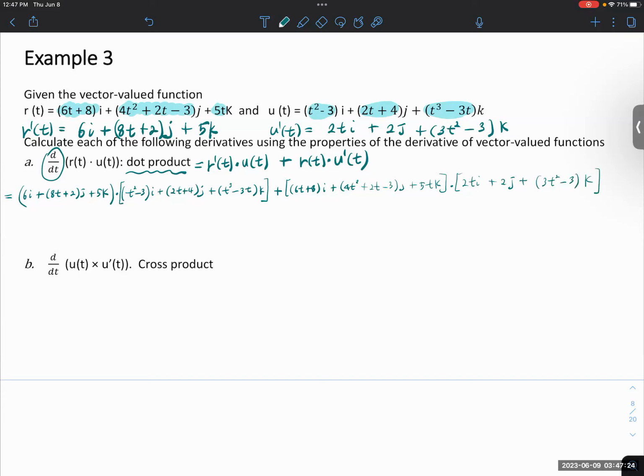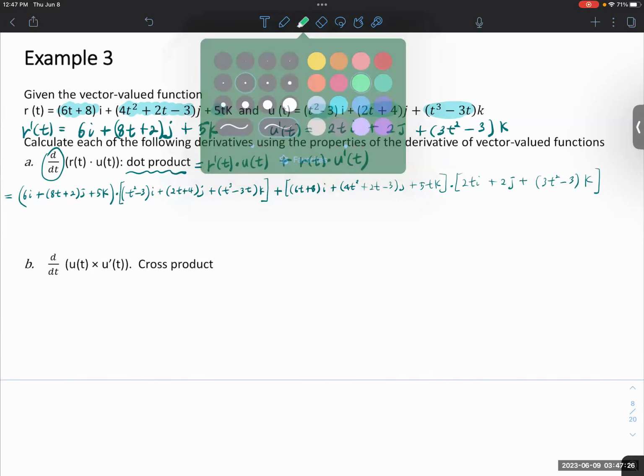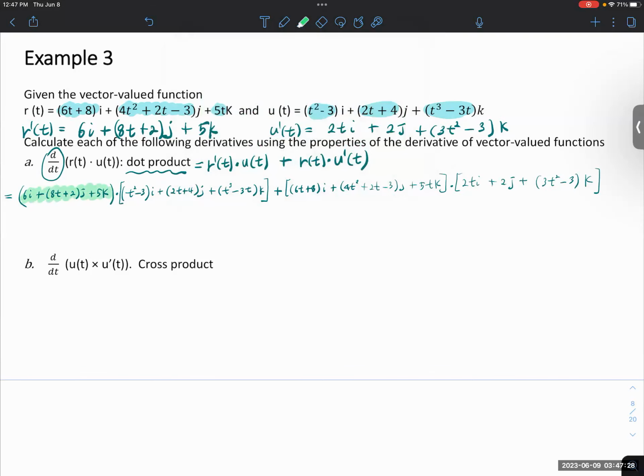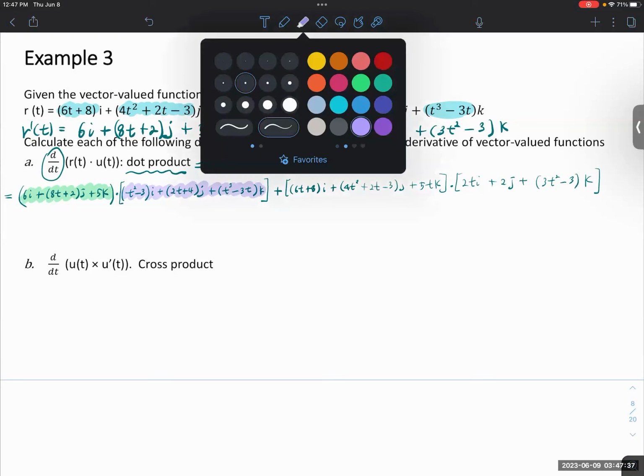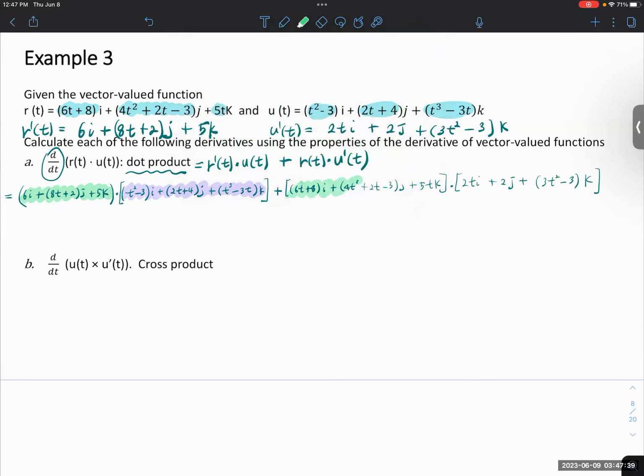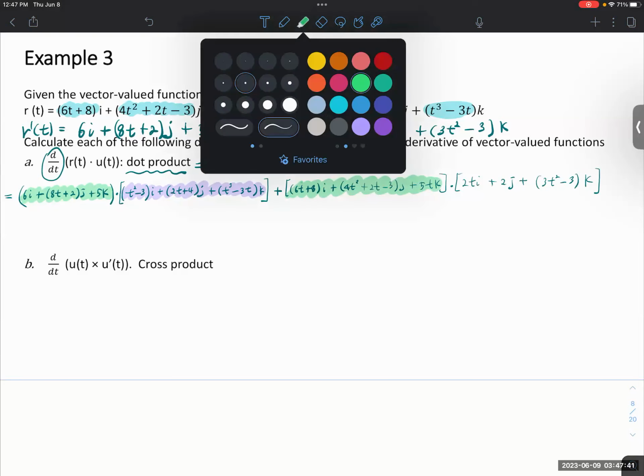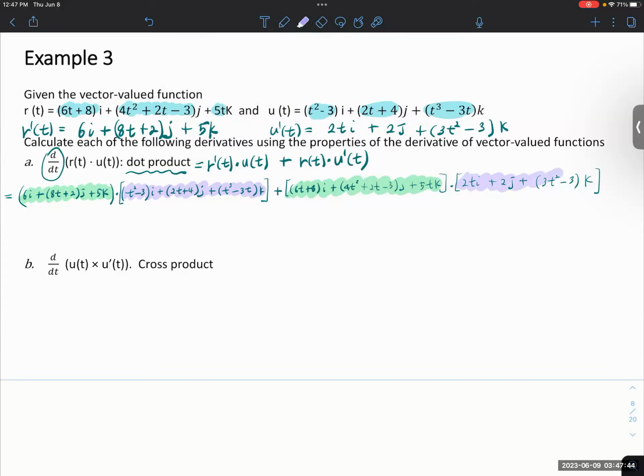Wow. So you see that I'm going to highlight it. This is r prime, and then there's a dot. This is u. And then again, this is r, just r, not r prime. And then this is going to be u prime.